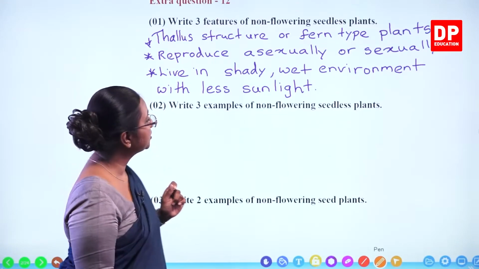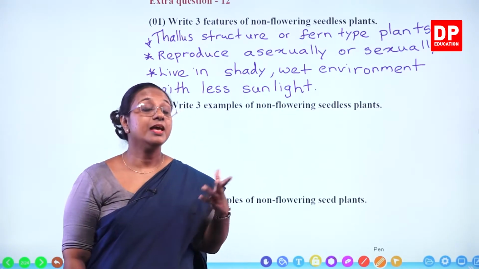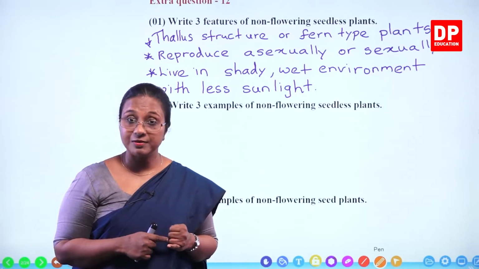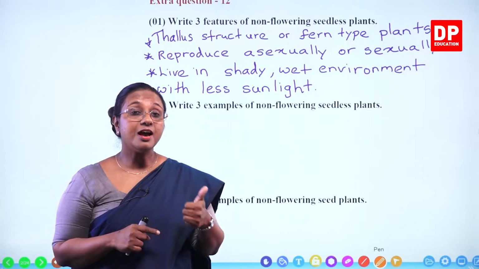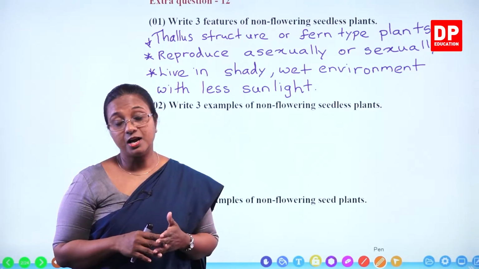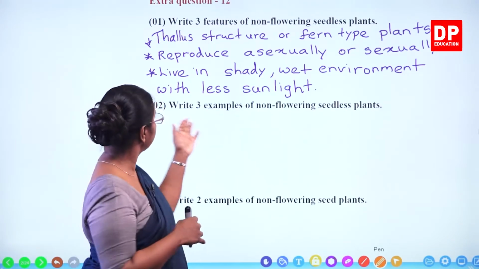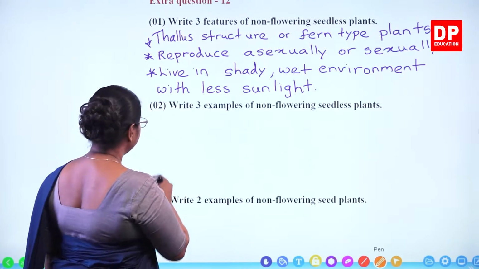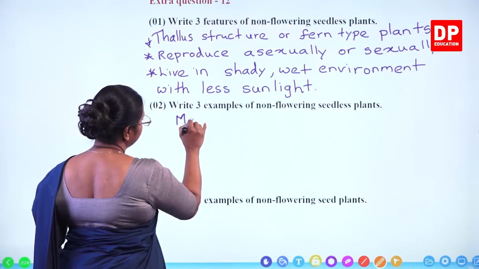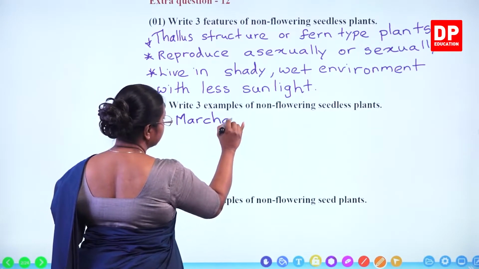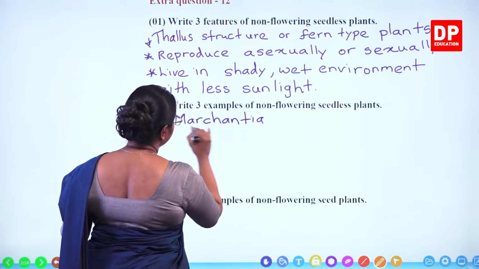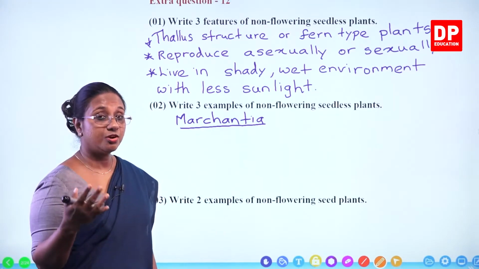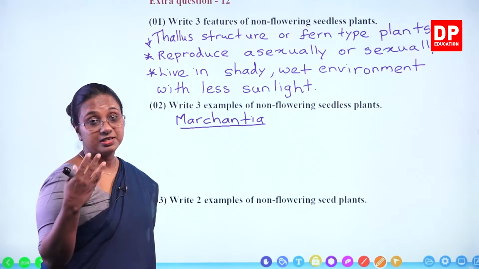Write 3 examples of non-flowering seedless plants. Examples: Marchantia, Pogonatum, Selaginella, Nephrolepis, then Drynaria, Acrostichum, Salvinia. All these are examples of non-flowering seedless plants. We need to write only 3. So here I will write Marchantia. We have to underline the name because it's a scientific name. You all know, students, in your textbook it's italicized because it's printed.